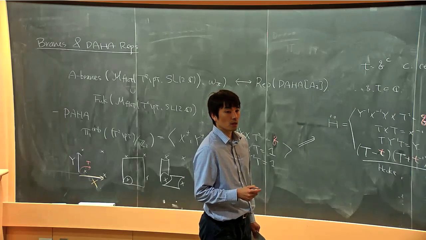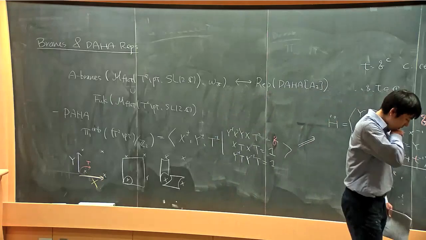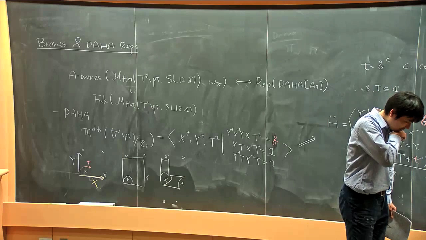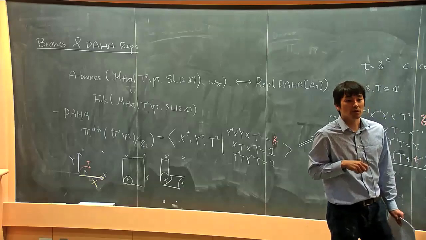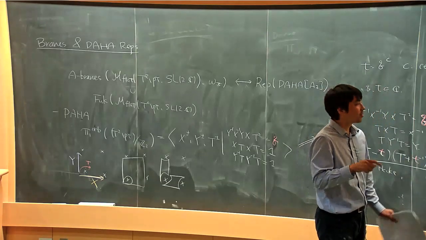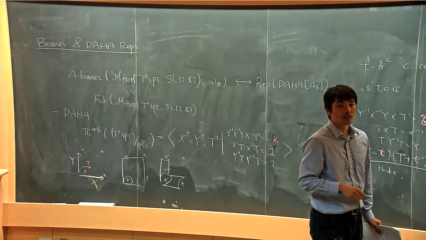What bundle is it? It's kind of a tautological bundle over the moduli space of Higgs bundles. I can tell you later. I guess that's an obvious guess, but yeah. Okay, just making sure.